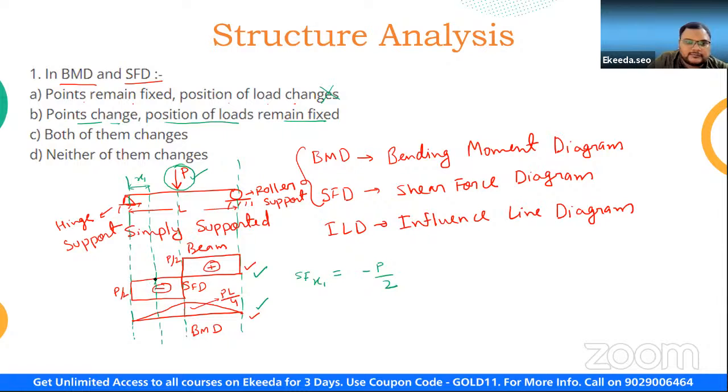Yes, we can see it from this diagram. Similarly, at x1, let us say this is alpha, the bending moment at x1 is plus alpha. So the position of the point load remains fixed, but the points change.